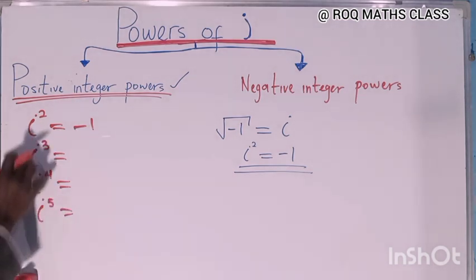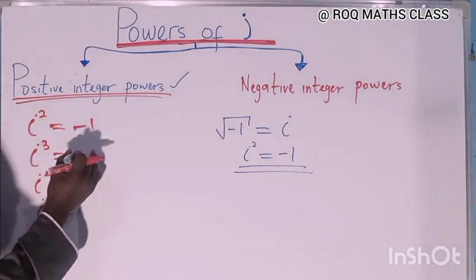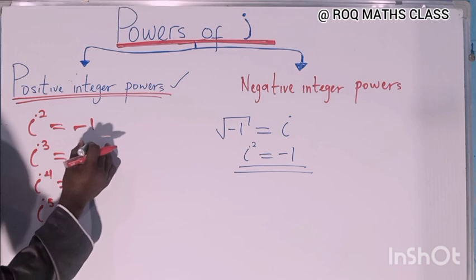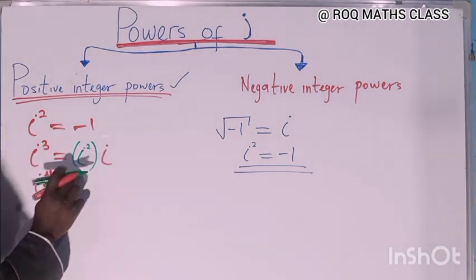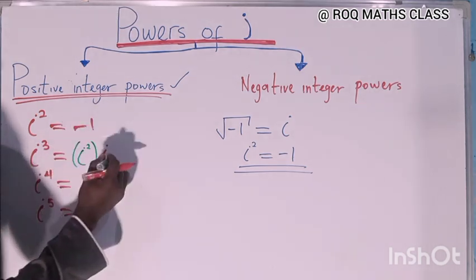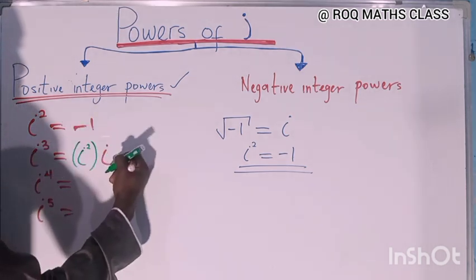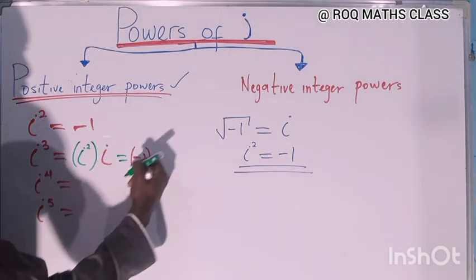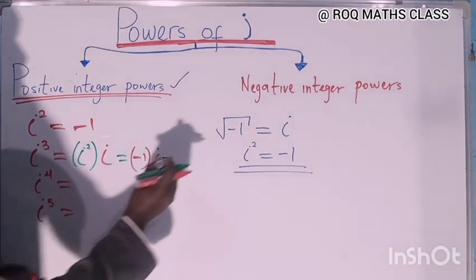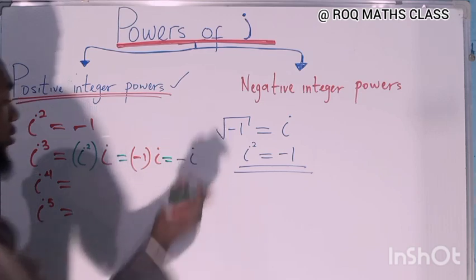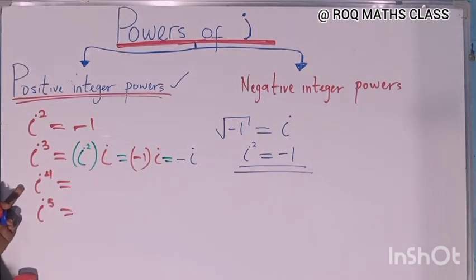Then iota raised to the power of 3 can be broken down into what? Iota raised to the power of 2 times what? Times iota. And iota raised to the power of 2 is the same thing as -1. So this is equal to what? -1 times iota. And -1 times iota is the same thing as what? Minus iota.